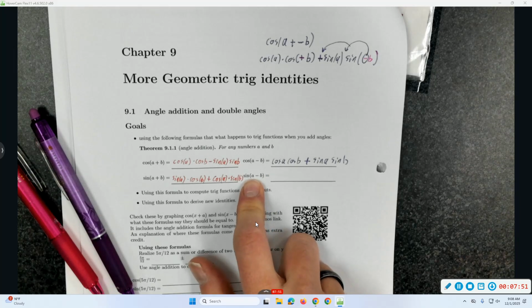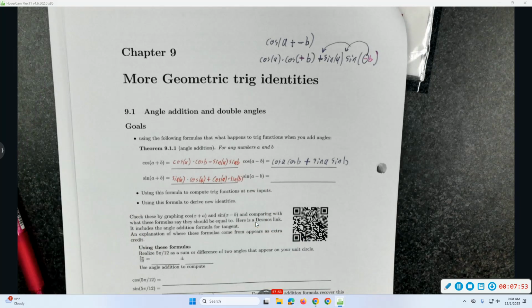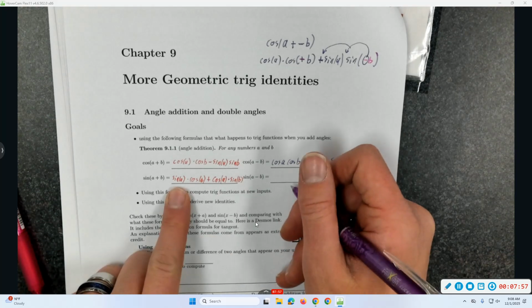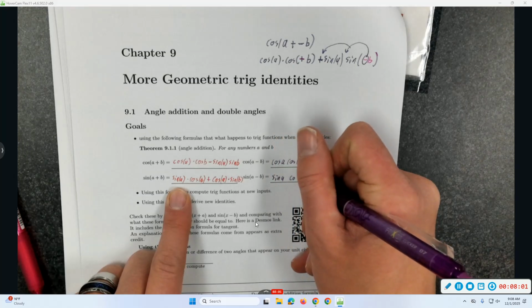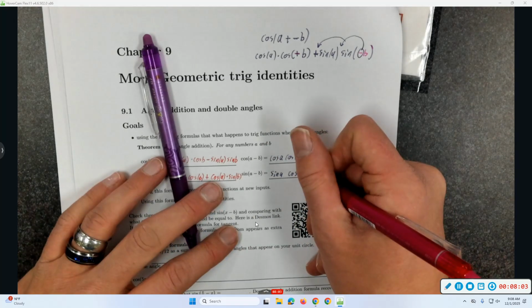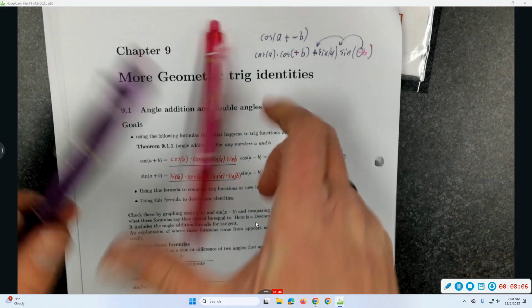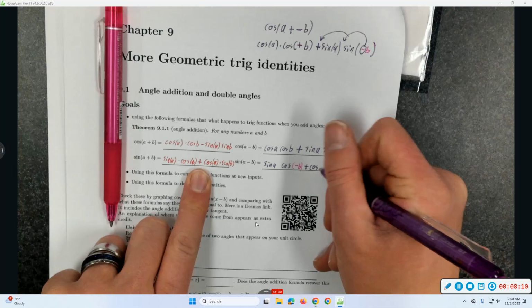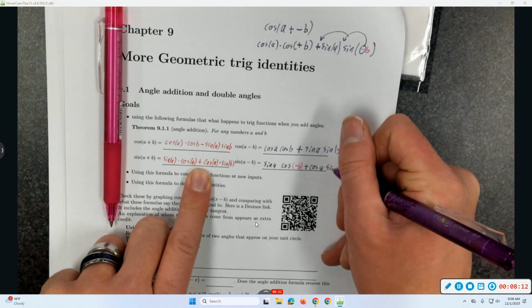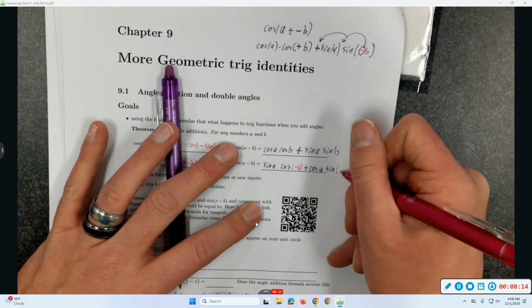I'll use the fact that I have colored pens and then we'll erase and move negative signs as appropriate. So I should wind up with sine A cosine negative B plus cosine A sine negative B.